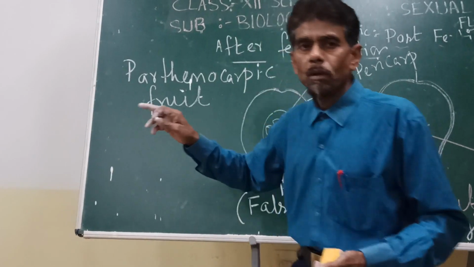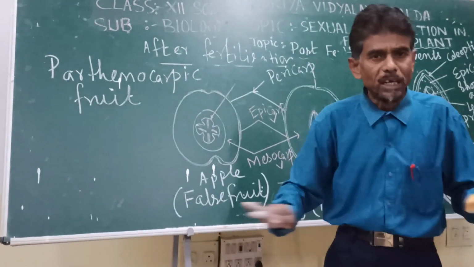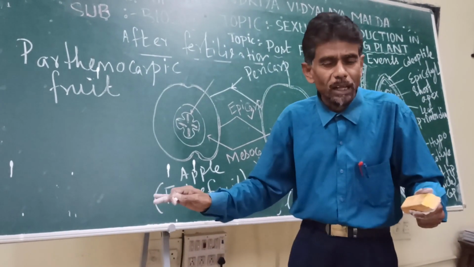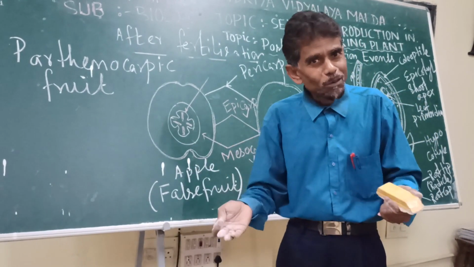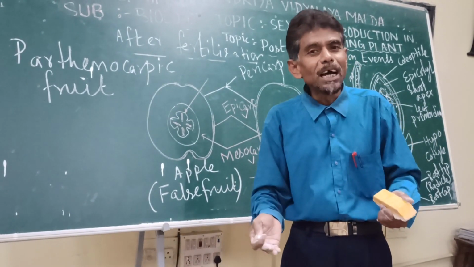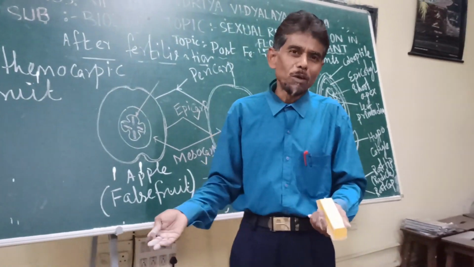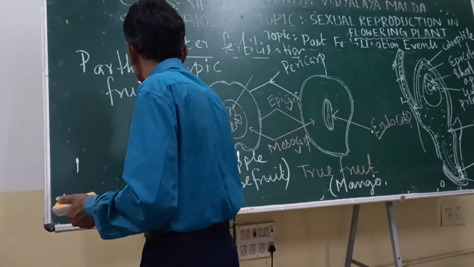That is where the fruit is formed without fertilization. And hence there is no question of fertilization here. So there is no question of seed formation because seed is the post-fertilized ovule. So these types of fruits are seedless fruit.